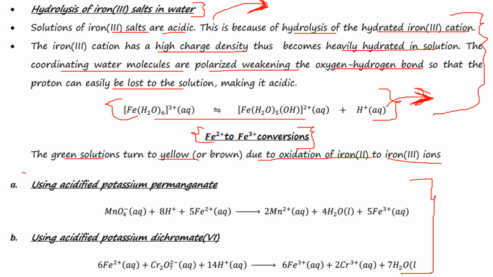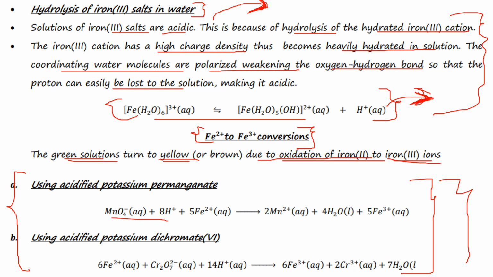I've already made a separate video explaining redox reactions, so I'm just going to go over these as quickly as possible. Whenever you have acidified potassium permanganate, it can easily oxidize. The general observation is the green solution turns to yellow, and the reason is oxidation of iron 2 ions to iron 3. That's the general explanation for all these reactions you're going to be looking at.